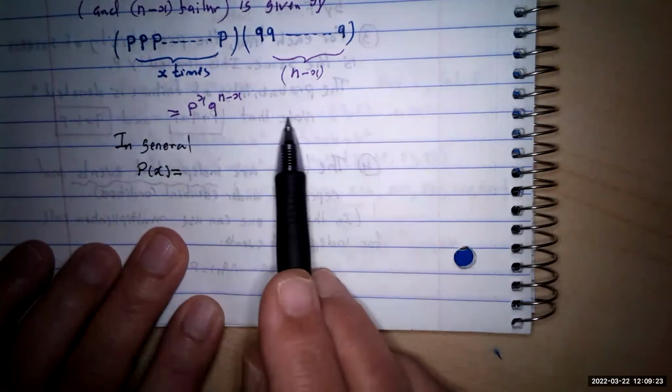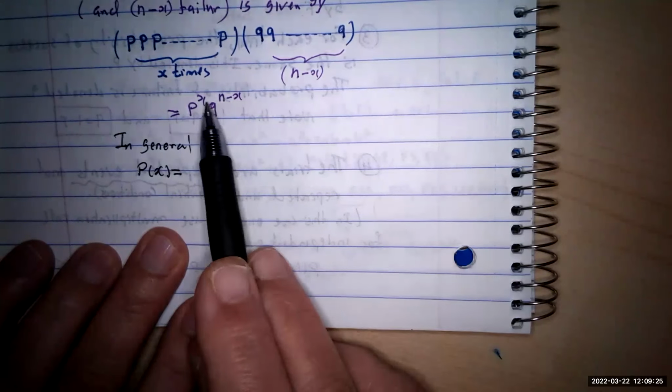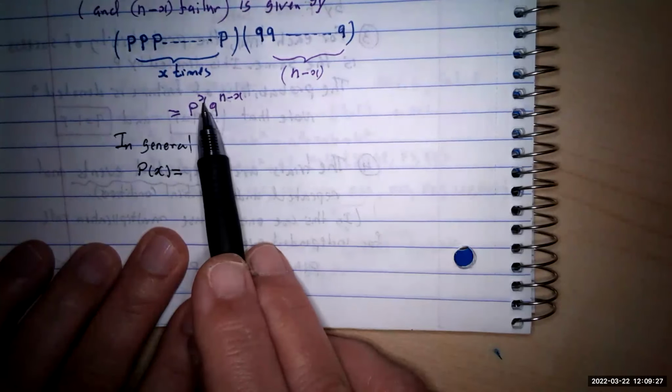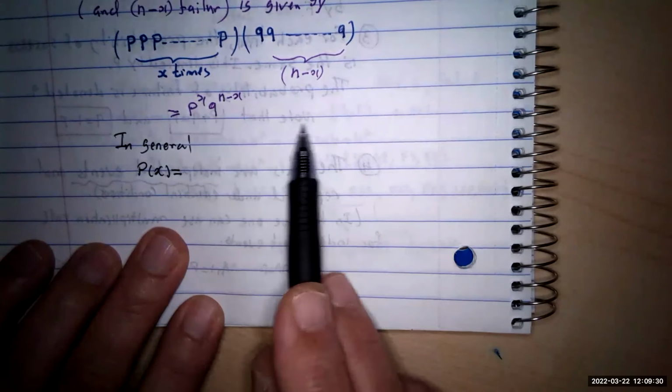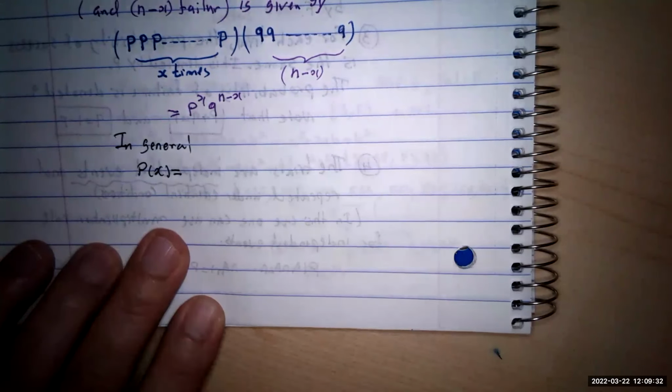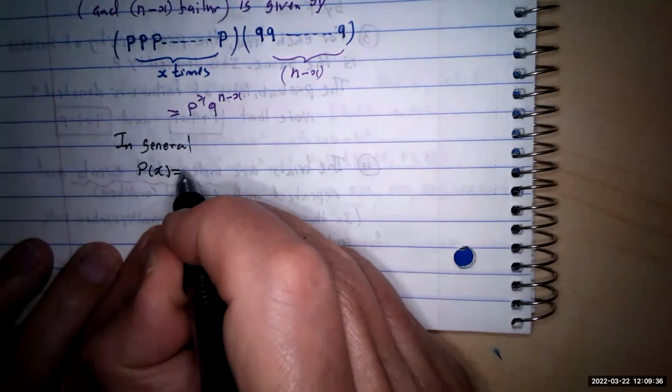Imagine those boxes that I gave you. You have N boxes, and you have X letters, successes. You want to distribute X letters in N boxes. What are going to be the choices? You have N choices for the first one.